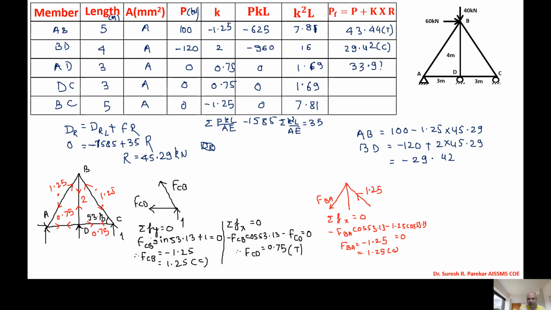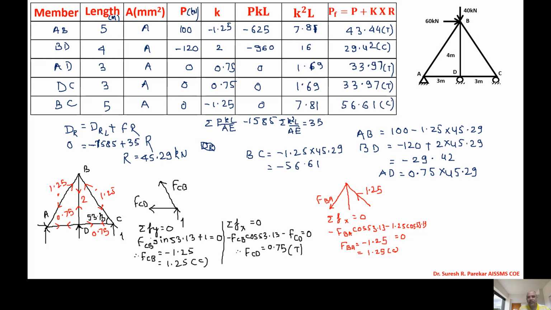This is directly the value for AD: 0.75 into 45.29, and it is tensile. DC also is 33.97, tensile. Last is BC: minus 1.25 into 45.29, which comes to minus 56.61. So 56.61 is minus, so compression.